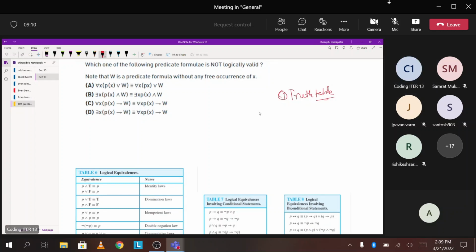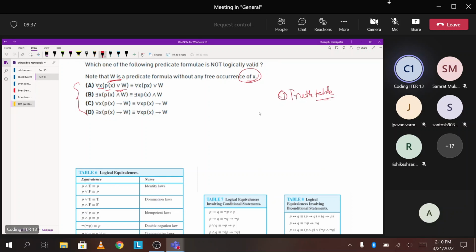Here it is given: for all x, P(x) or W, and W, remember, is a formula free of occurrence of x, that means W doesn't depend on this x. You have to check which one is not logically valid.